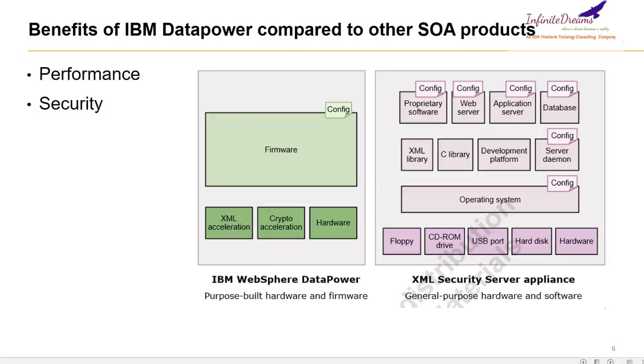Applications like WESB or Cast Iron or WTX are installed on some operating system, which can be Unix, Windows, or Linux. But what is the difference in Data Power? Data Power comes as a box. We cannot install Data Power on Linux or Unix or these operating systems.